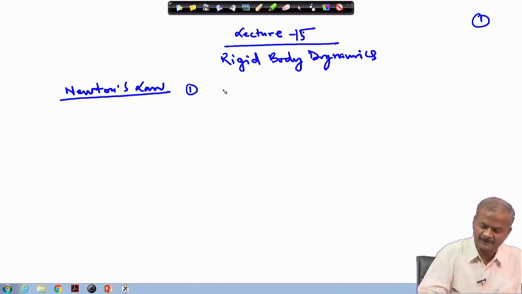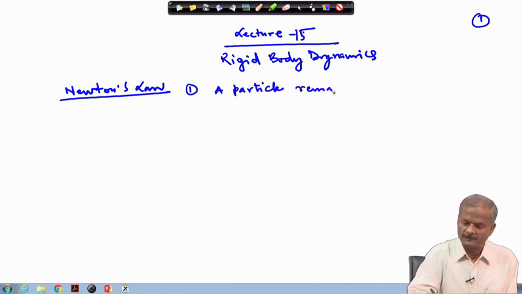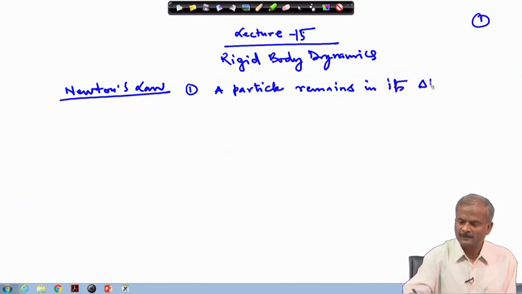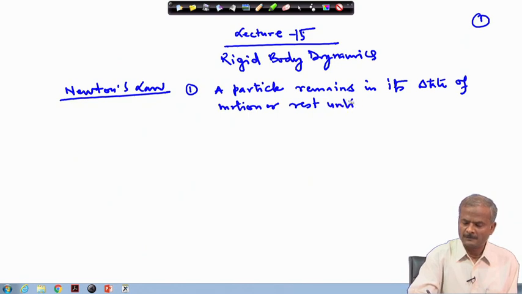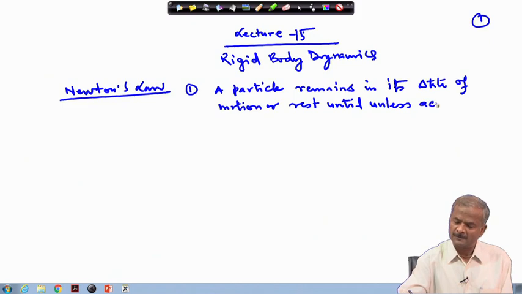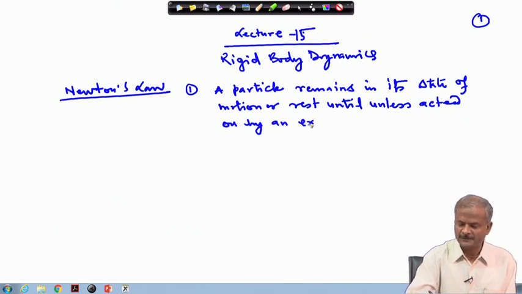The first law states that a particle remains in its state of motion or rest until and unless acted on by an external agency or external force.